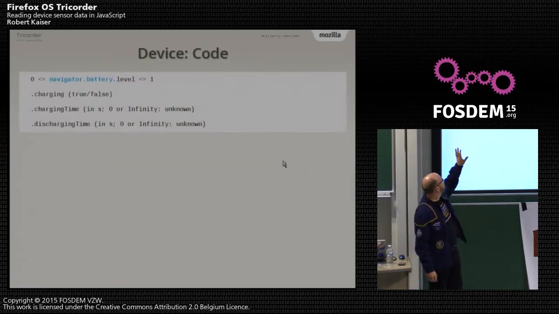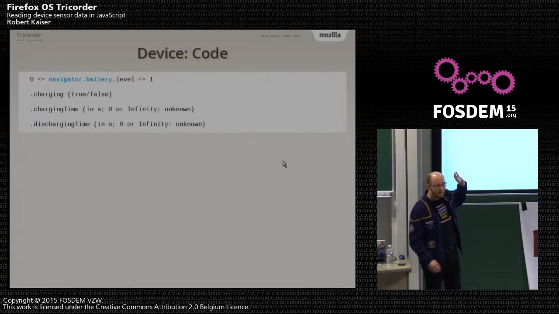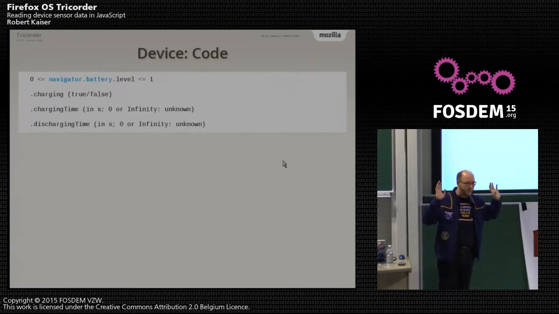The code for that, you don't even need to do any complex functions there. You just have the value at navigator.battery.level, which is between 0 and 1. So multiply it by 100 if you want to get percent. You get a battery.charging that is true or false, depending on if a charger is on there or not.